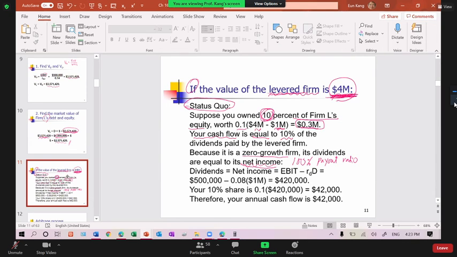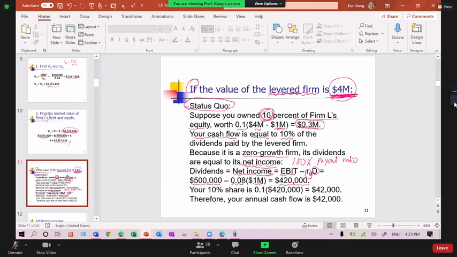Net income is nothing more than EBIT minus I, where interest is debt times the interest rate, always. So 500,000 EBIT minus 1 million debt times the interest rate gives 420,000.